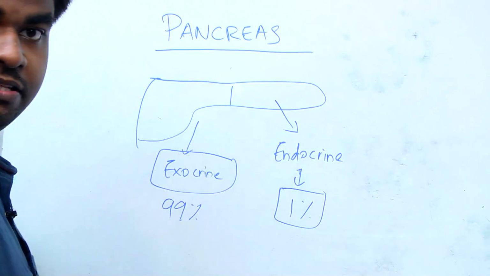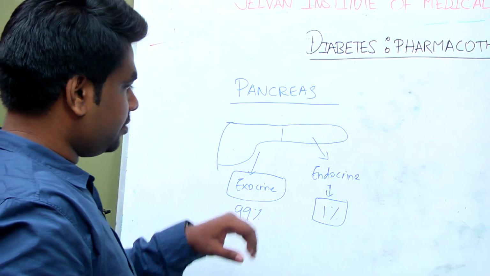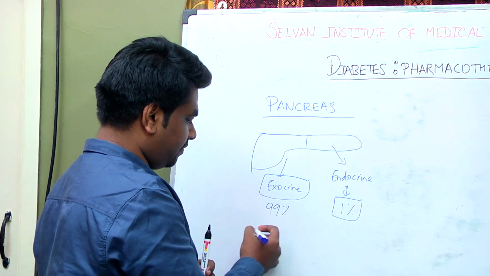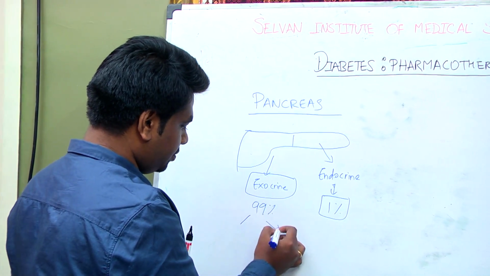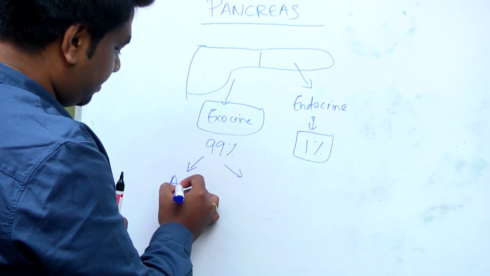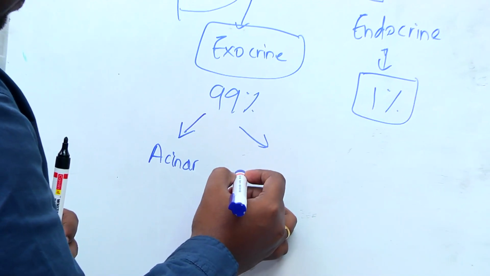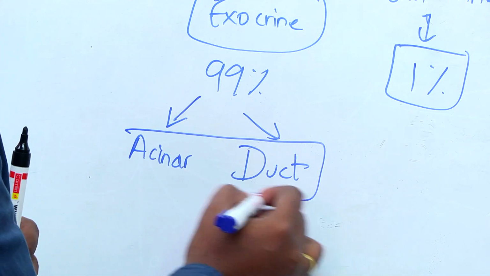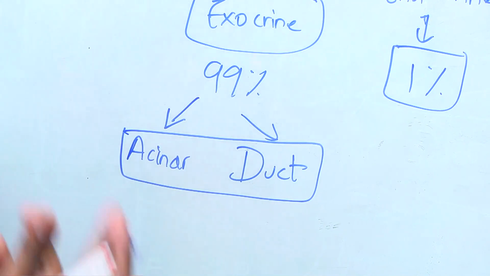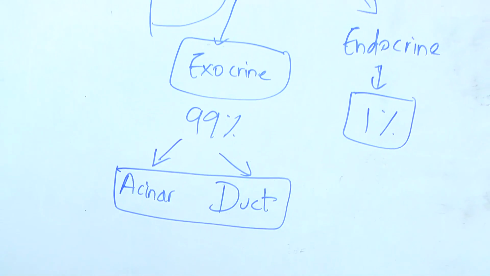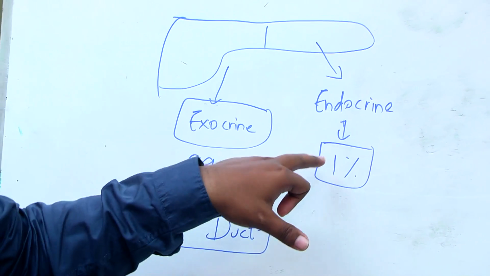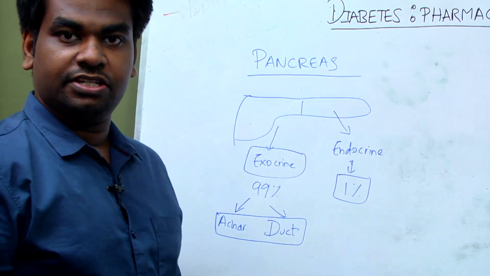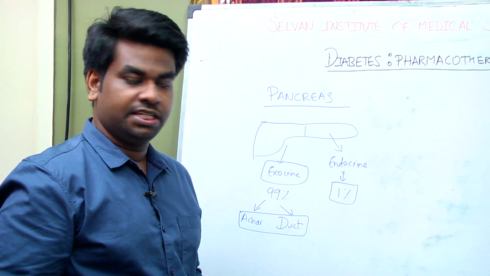So we should know the cells which are doing the exocrine functions and the cells which are doing the endocrine functions. So the exocrine function is performed by mainly two cells, that is the acinar cells and then the duct cells. So these are the main two cells which secrete trypsinogen, amylase and do the exocrine functions. But in this lecture we will be covering the endocrine function of the pancreas, which is important for the secretion of insulin and keeping the glucose in check.